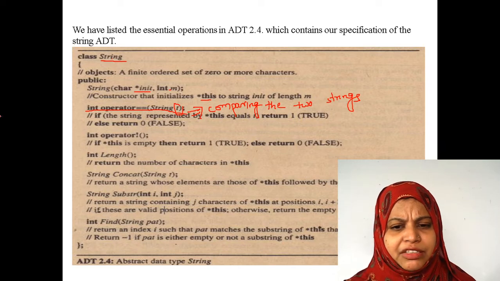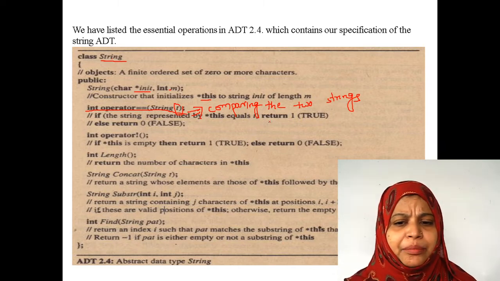If both are not equal, then it returns 0. So the comparing operation is done in this string ADT.